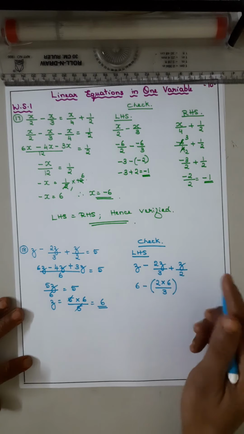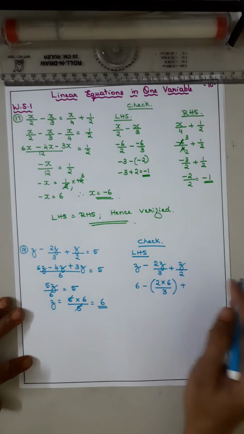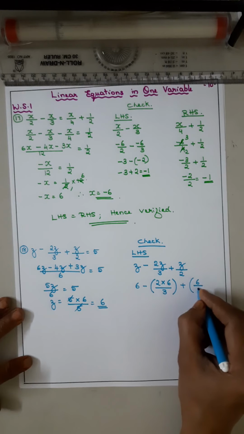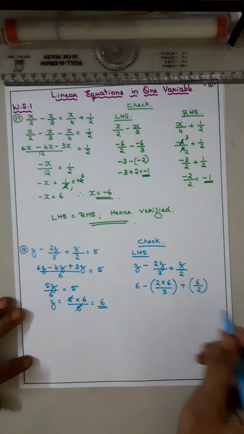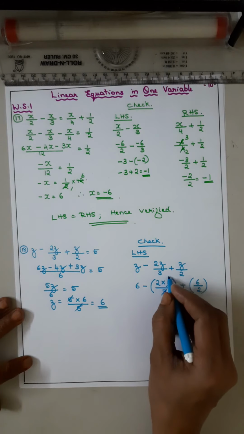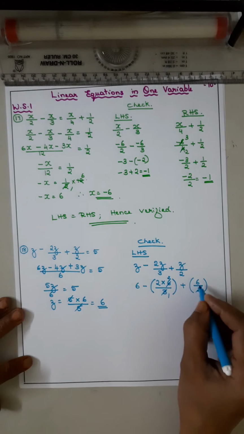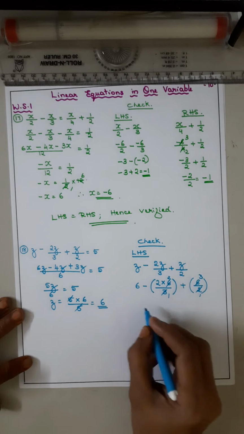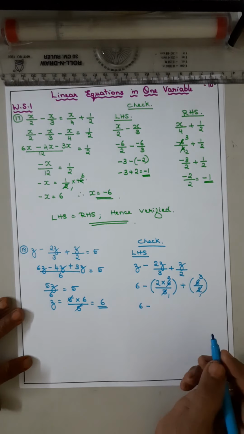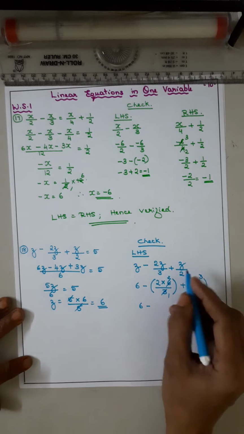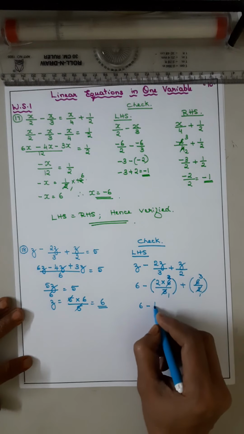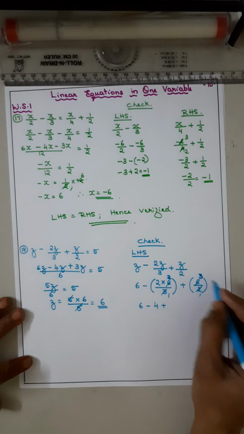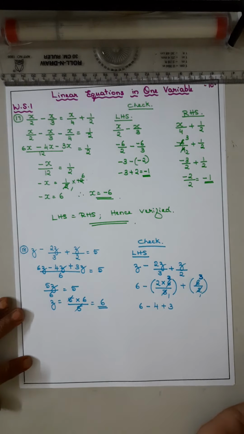Are you understanding? Plus, here again z is 6 by 2. Now 3 1s are 3, 2 2s are 2, 1s are 2, 3s are 3. So here it will be 6 minus 2 2s are how much? 4, plus here you got 3.